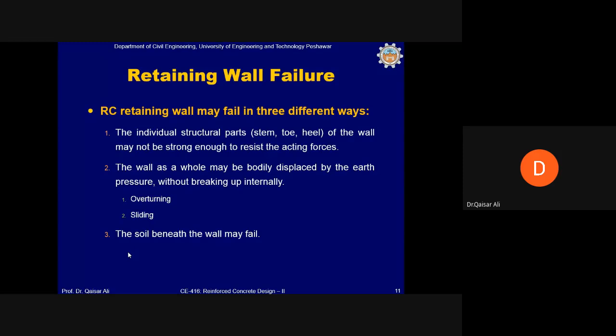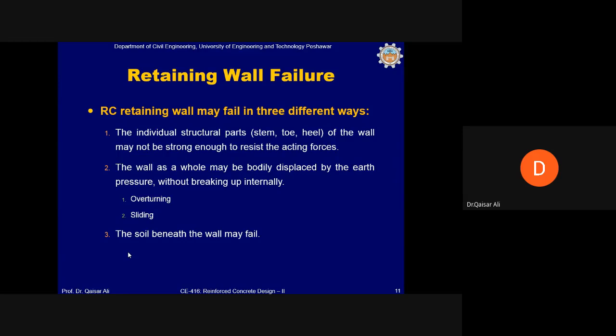Any part of the retaining wall or all parts of the retaining wall, for example, arm, heel and toe or key, any one of these or more than one of these parts or all of these parts may fail due to insufficient reinforcement or insufficient size. If this happens, this will be called a structural failure.